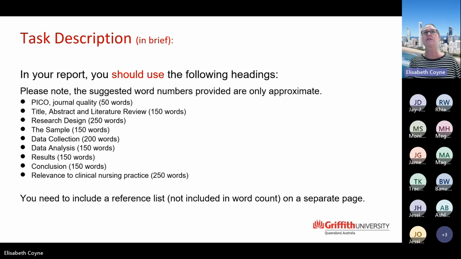It's understanding, critiquing, and then your relevance to clinical practice. And then our marking criteria looks at: have you been able to critique and find the different elements? Have you been able to evaluate and say they're good, bad, or indifferent? And have you been able to use them and look at how they can be used in the clinical area?